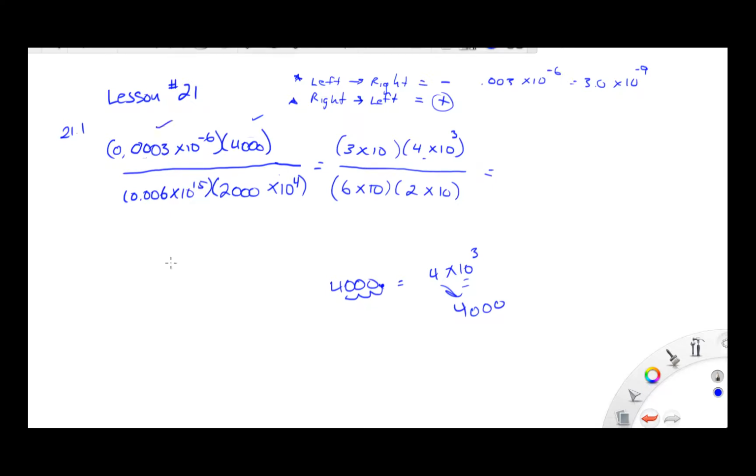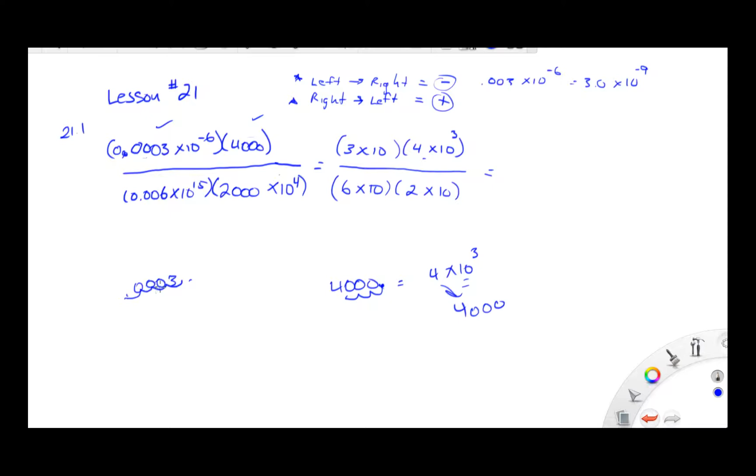Let's look at this one. Here, we're going to move the decimal from left to right, and 0.0003 in scientific notation, we're going to move it over 1, 2, 3, 4. But notice it already has a negative 6. And if we move it from left to right, we still stay with negative. So we're going to add those negatives, if you will.